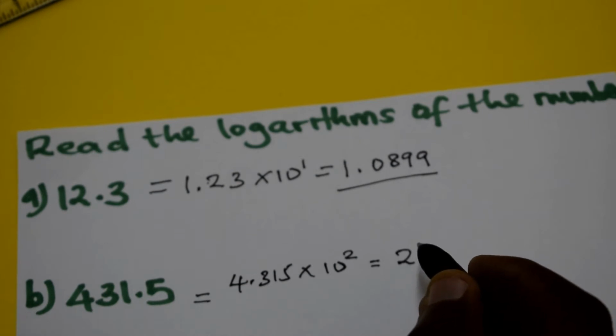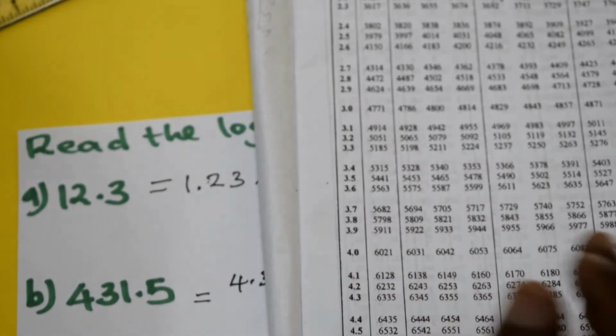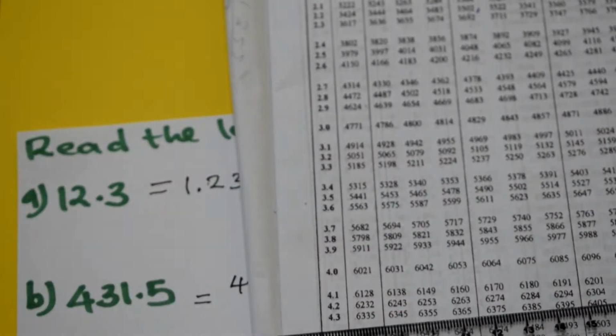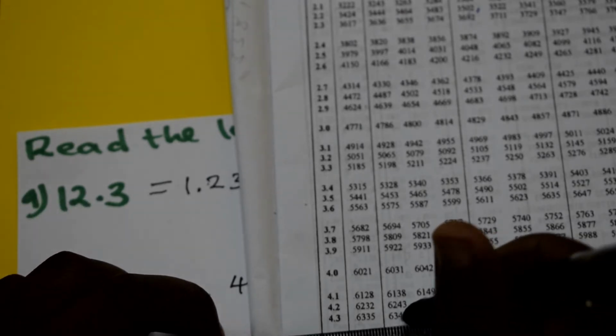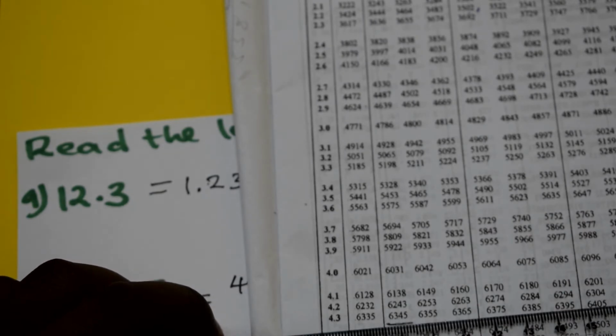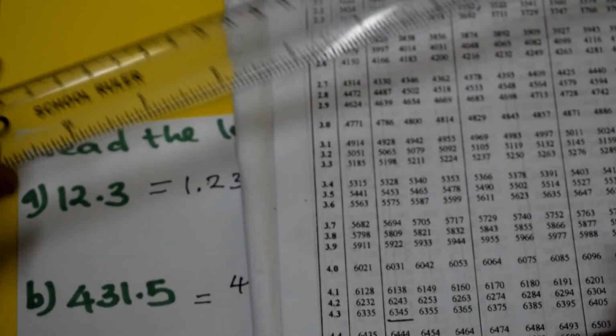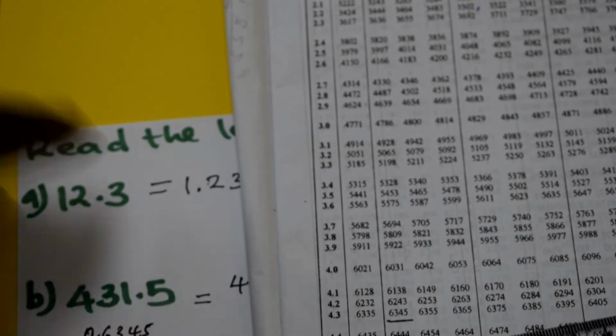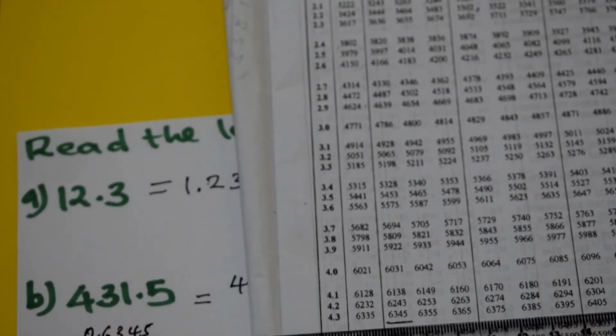Then we read from the table 4.31, and we can see it is 0.6345. Then we go to the mean difference column, the column that says add.